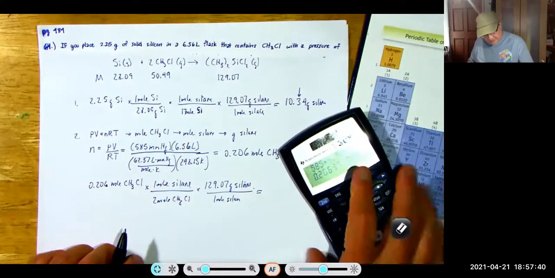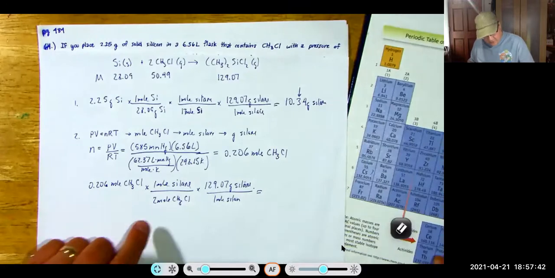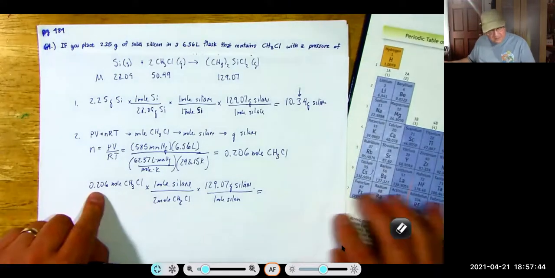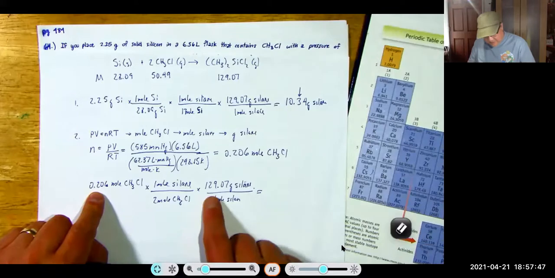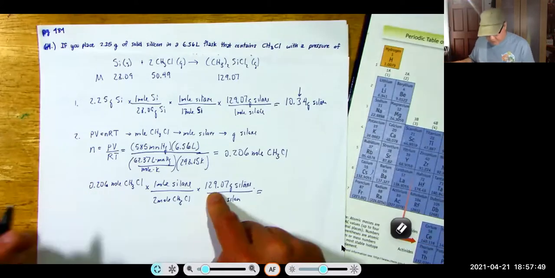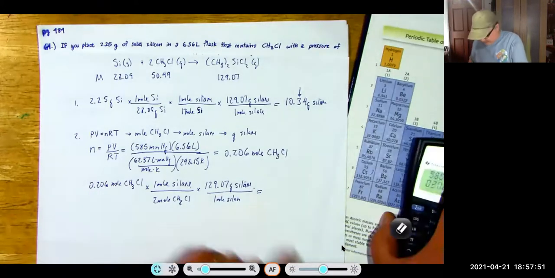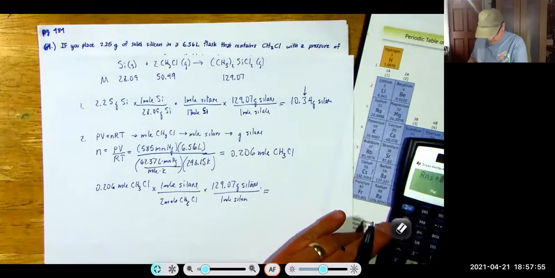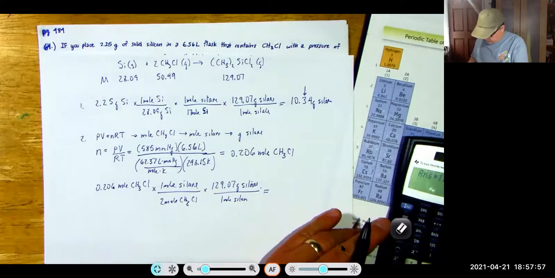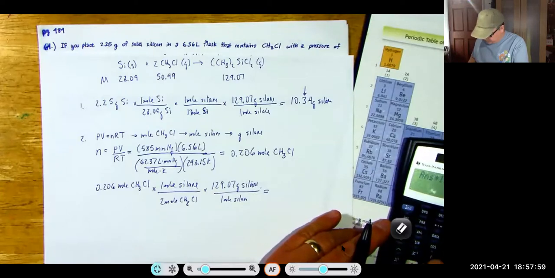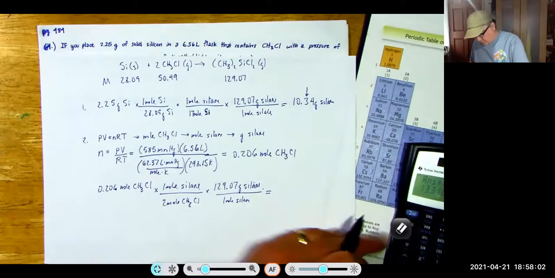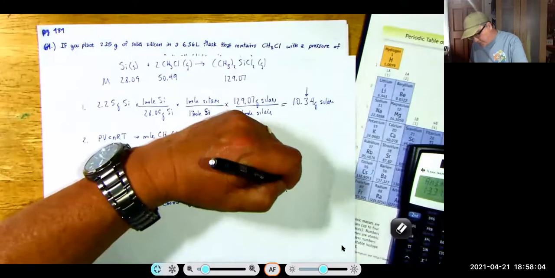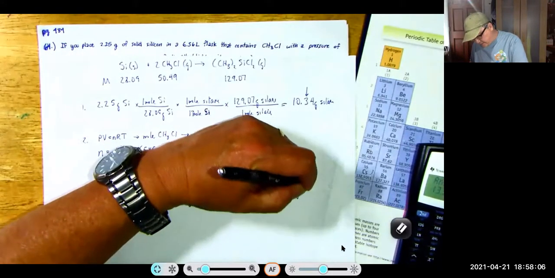So my estimate on this is going to be 2 will go into that and make that 0.1. 0.1 is 1/10. 1/10 of 129 is 12.9. So I should get about 12.9 here. So I get 13.3 grams of silane.